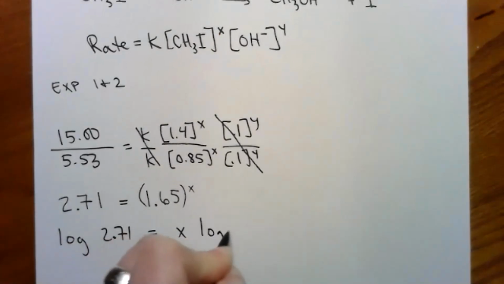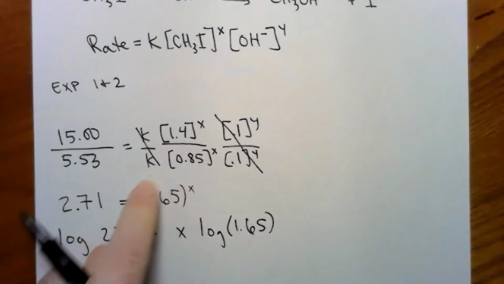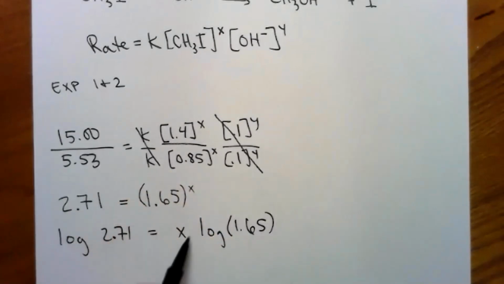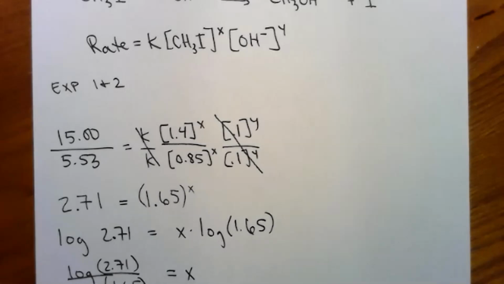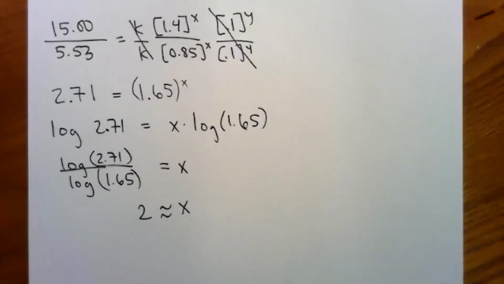The reason I'm taking the log of both sides is so that I can pull my X down as a coefficient. So then X equals the log of 2.71 over the log of 1.65. So when you simplify that, you get x equals 2. You officially get x equals 1.99. That's 2.